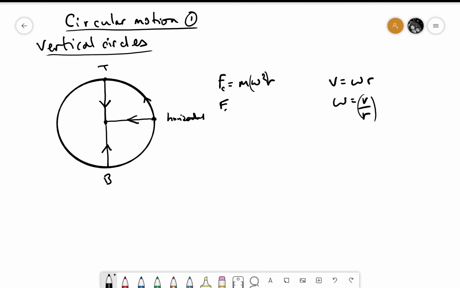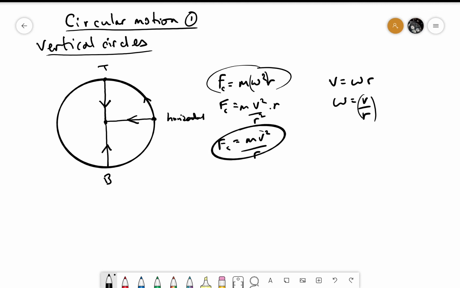I'm going to put little c's on this so we know what we're talking about, and that will be m times v squared over r squared times r, which is going to give me mv squared over r. So that equation and this equation are equivalent.